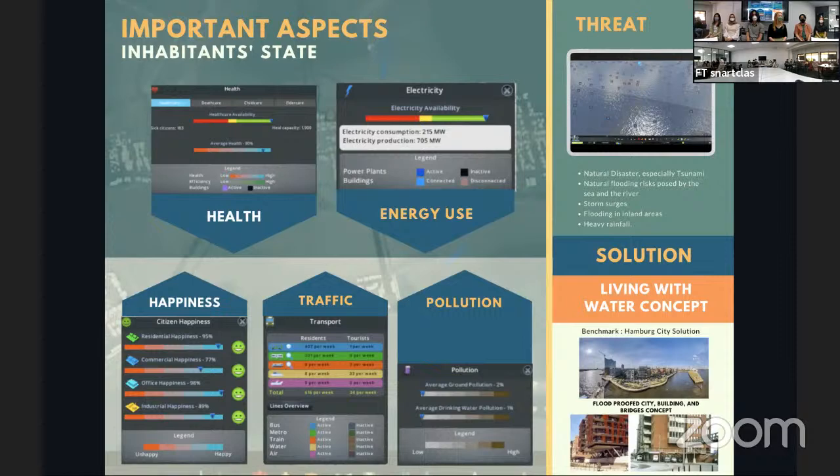So the solution itself is to make the inland higher than the sea, and make a road connected from the lower land to the higher land, so that people can help themselves when a flood is coming through, and make buildings and roads that can detect where there is a flood, so that they can block themselves.